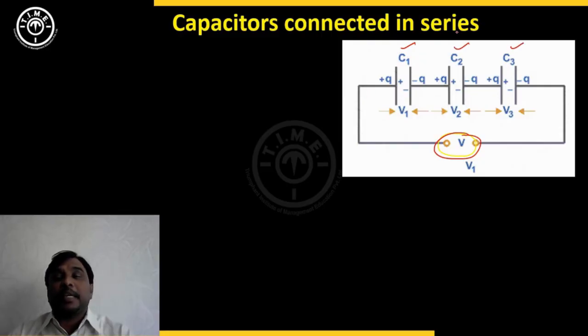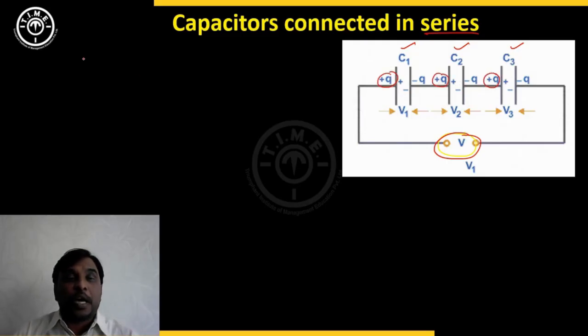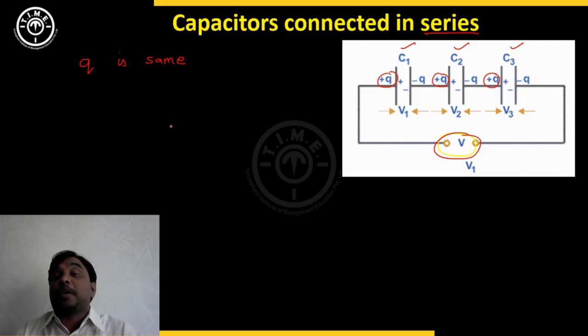In series connection, the charge on each capacitor is the same, irrespective of capacitance. Whether it is a large capacitance or a small capacitance doesn't matter; as long as they are connected in series, the charge remains the same. You know Q is equal to CV.